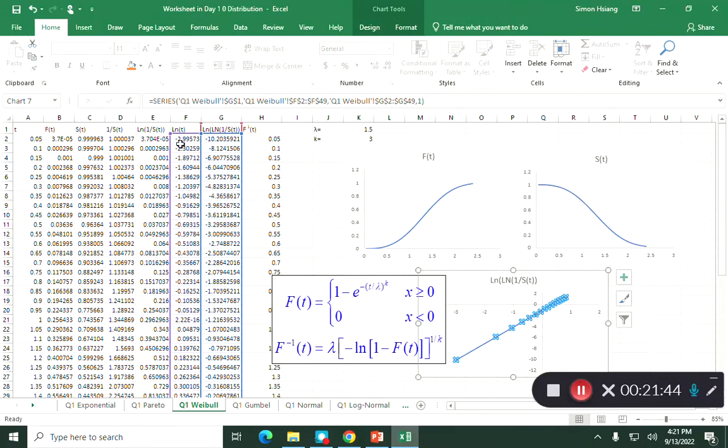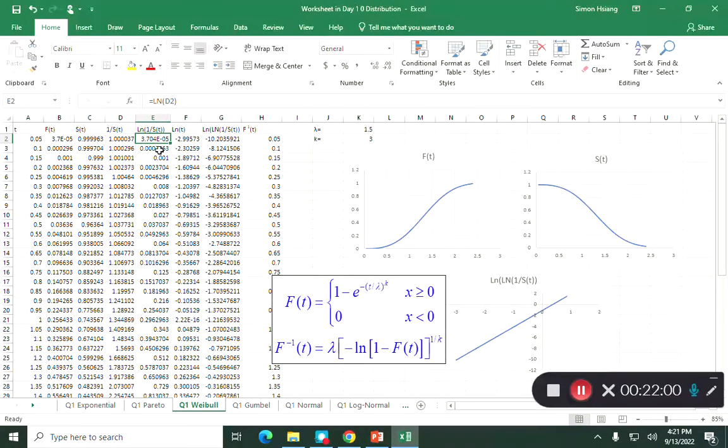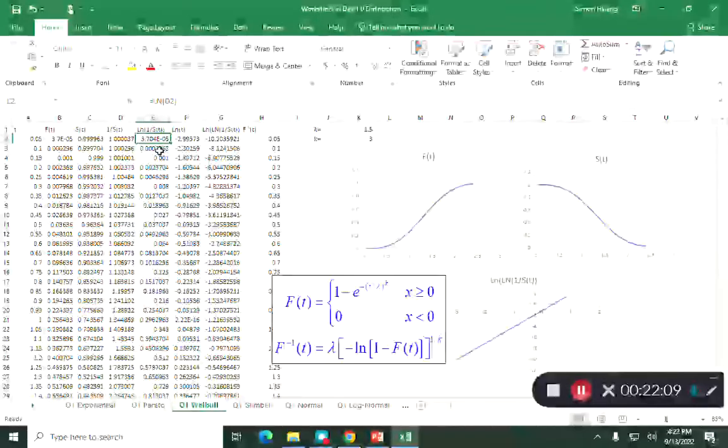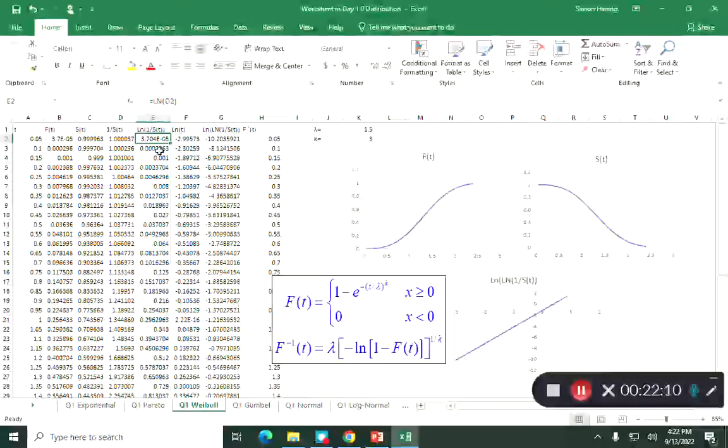Okay? So now you have this one log against the other one. Oh, one more. People see what I did here? Here, if you plot log 1 over St is the same thing as you plot negative log St. Agree? 1 over St, when you take the log, equal to negative log, right?